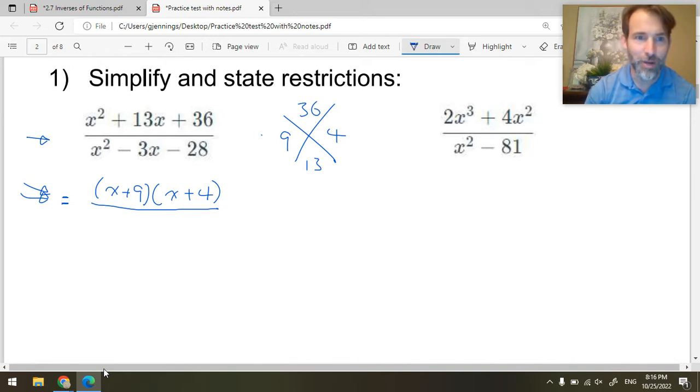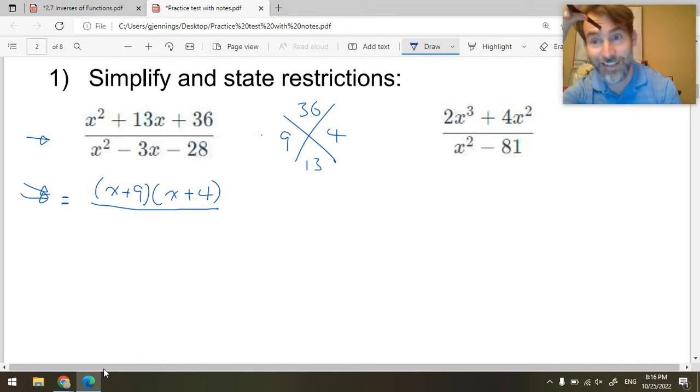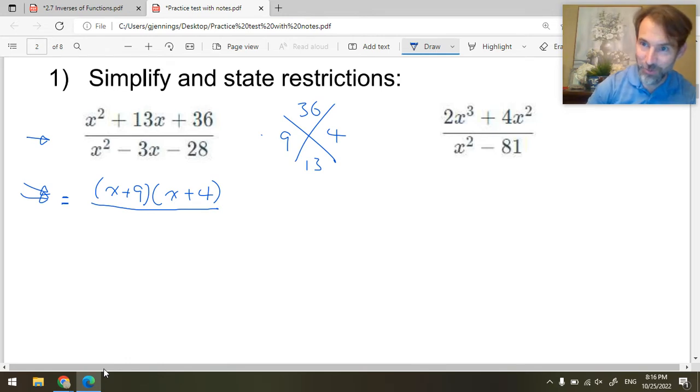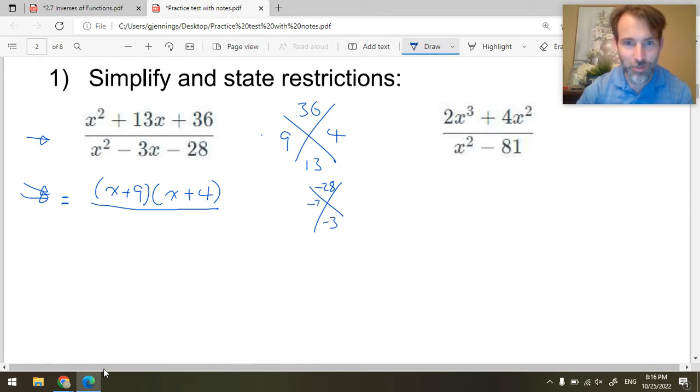And then down here, x squared minus 3x minus 28. It's another x game: numbers that multiply to negative 28 and add to negative 3. Those numbers are negative 7 and positive 4.